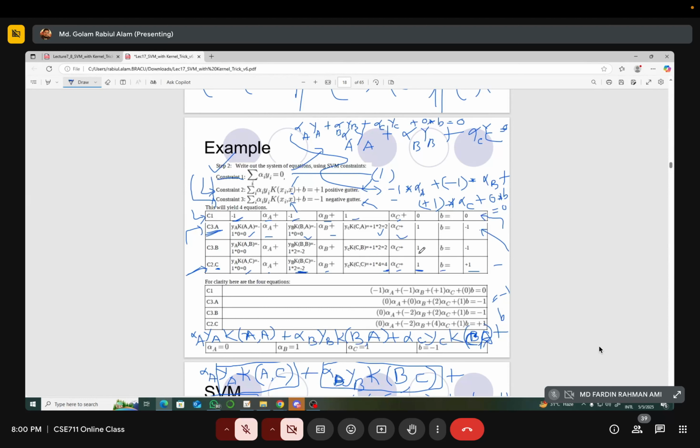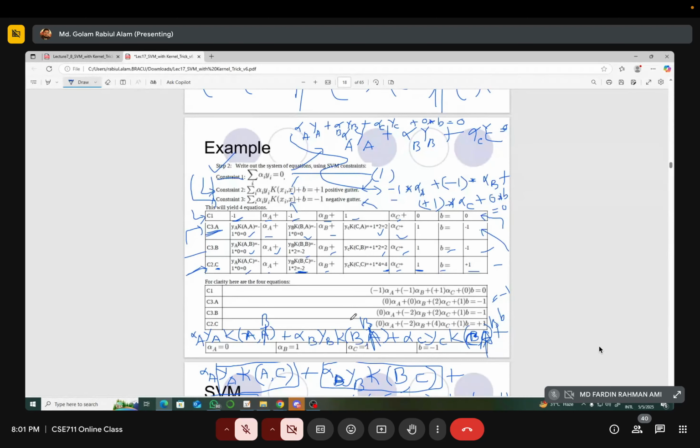Similarly, the negative gutter will also pass through another data point, that is the data point B. So the same equation we can write, but instead of the fixed A, this time we have to fix B. Instead of A we have to fix B. So that means we will get the equation like this way: ya k(a,b) equal 0 alpha A, here is the -2 alpha B and 2 alpha C plus b equal -1.